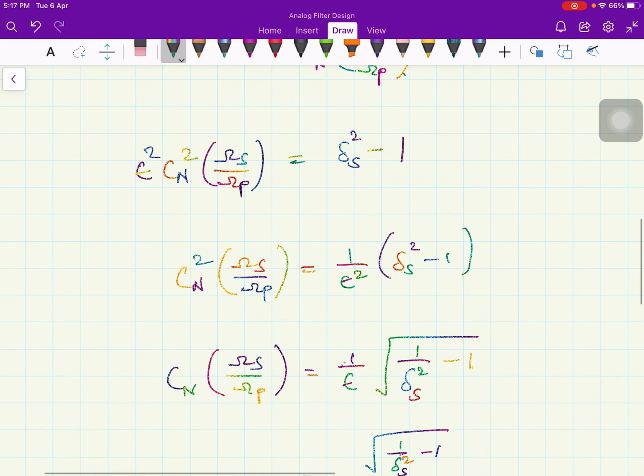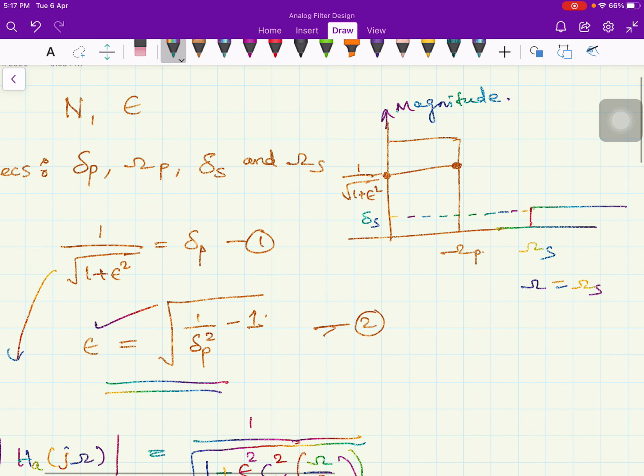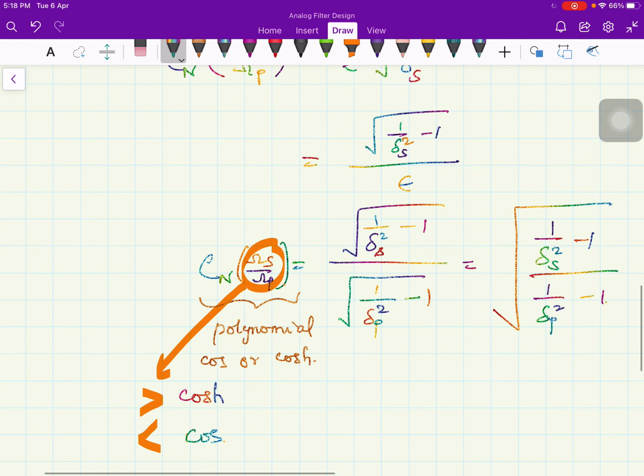Now, if you look at the figure, this is omega s and this is omega p. Omega s by omega p is greater than 1. Let's say omega p is 1000 pi and omega s, roughly, is 2000 pi. The stop band frequency is always greater than the pass band frequency, so the ratio is greater than 1.